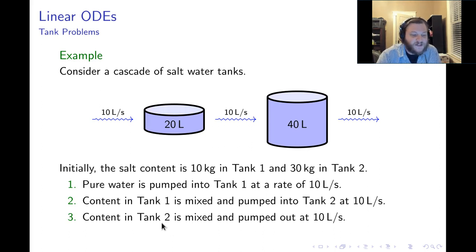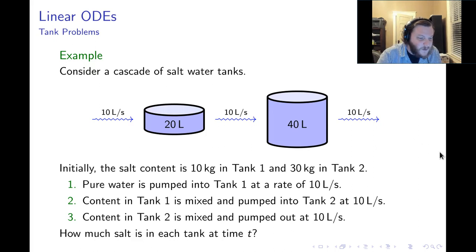The content in tank 2 is mixed and then pumped out at the same rate, 10 liters per second. So we have fresh water flowing into this system of salt water in both tanks, and then the mixture in both tanks gets mixed and pumped out into the void. So the question is, given this setup, how much salt is in each tank at a given time t? That's our general setup here.